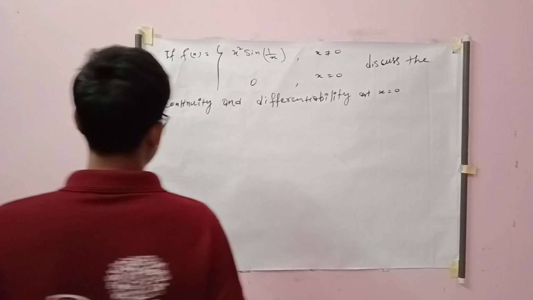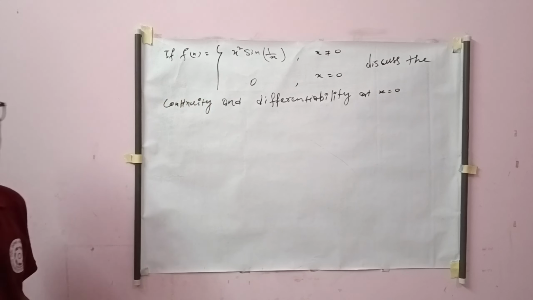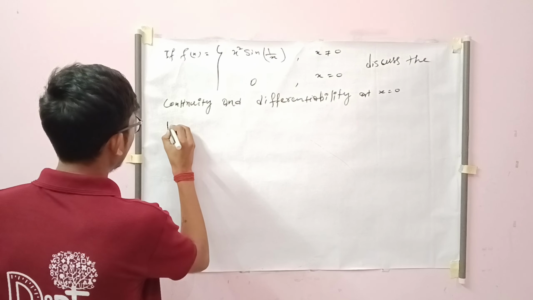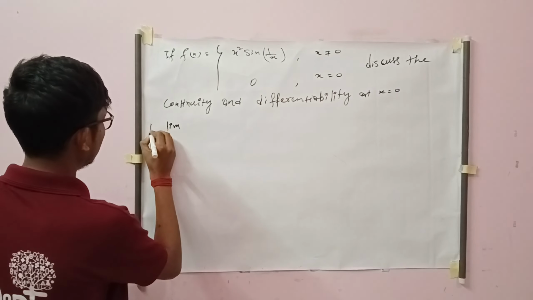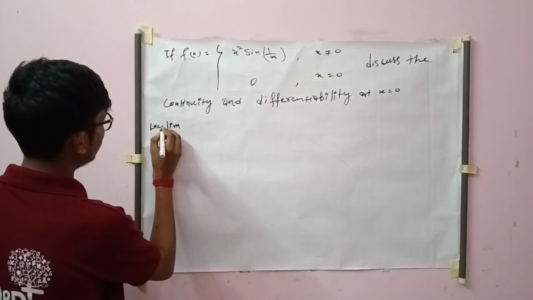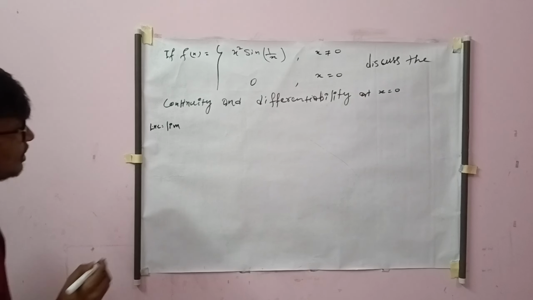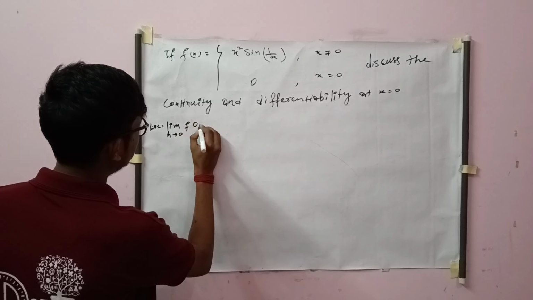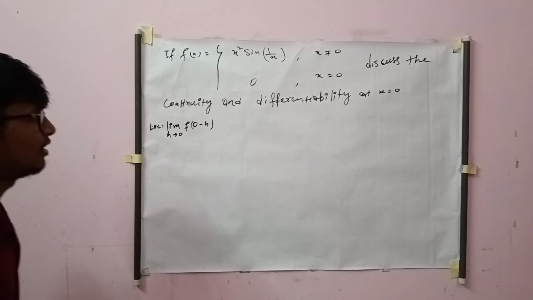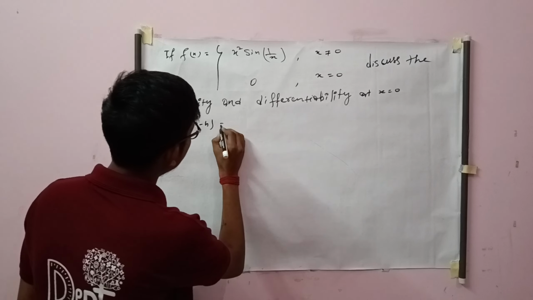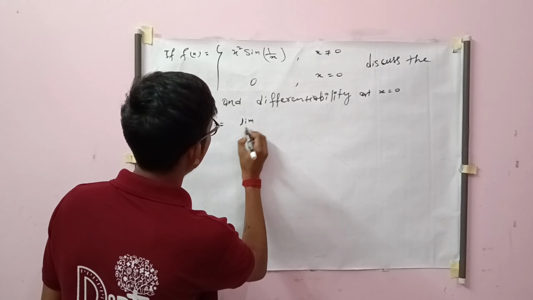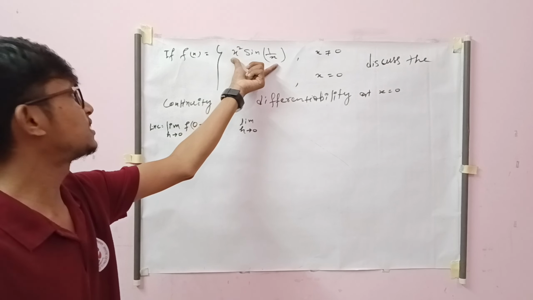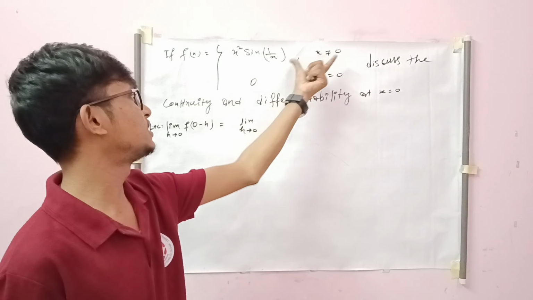Now let us see how we will solve it, whether it is continuous or not. Firstly, we have to find the LHL: limit h tends to 0 of f of 0 minus h. The function is f of x equal to that function, so we consider that.